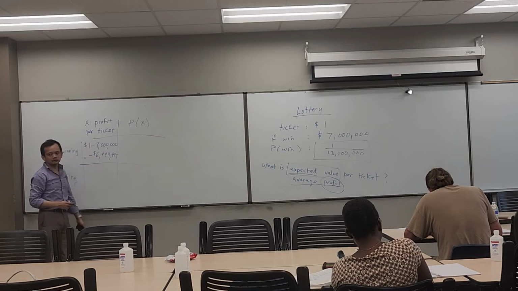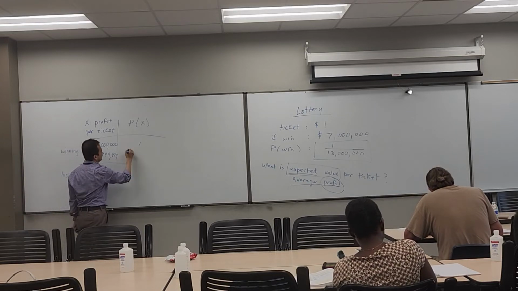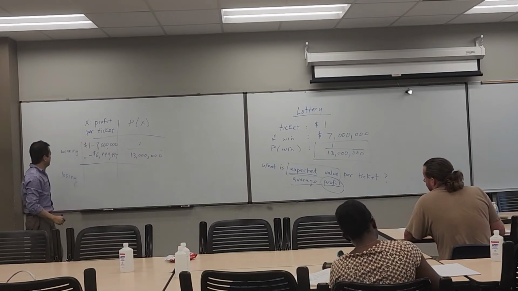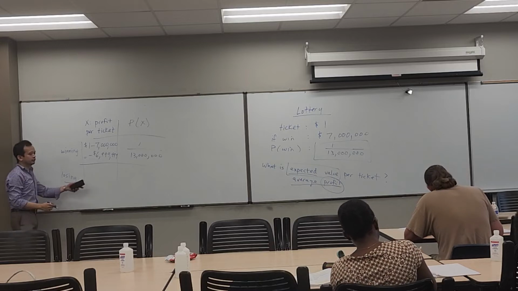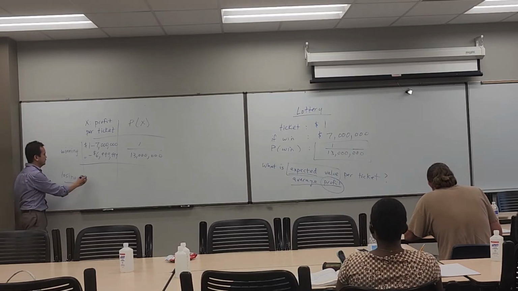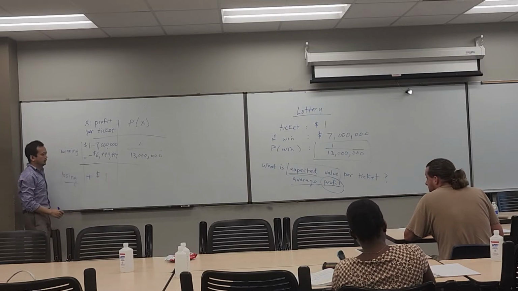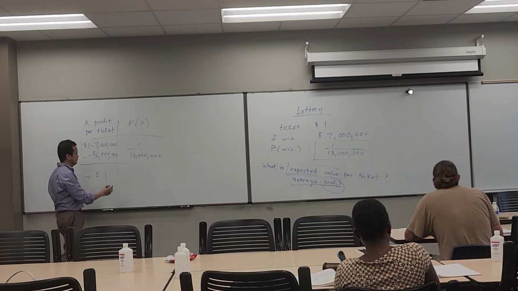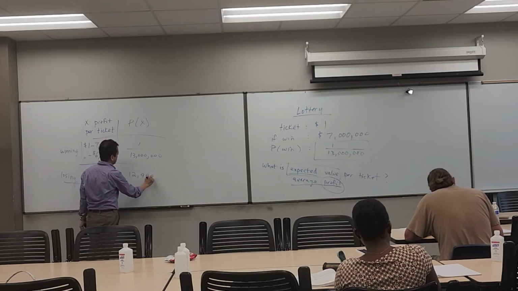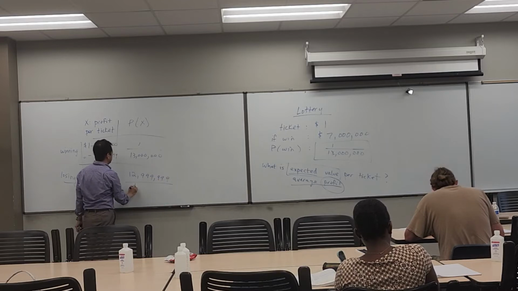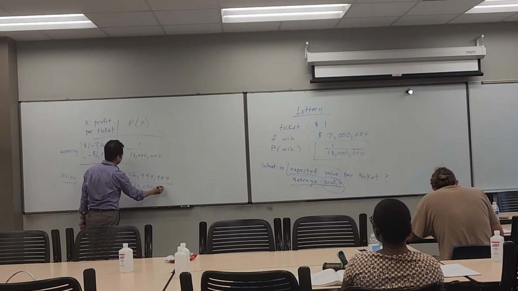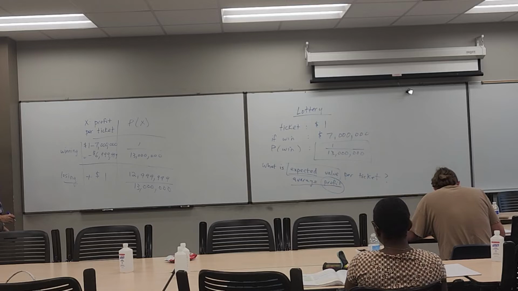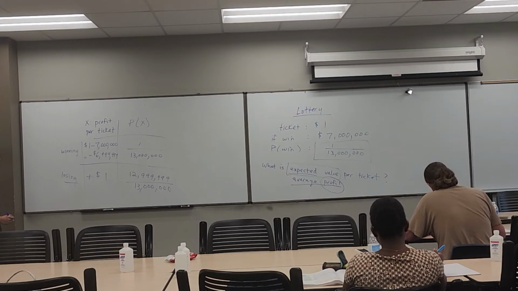And then what's the probability of that happening? 1 in 13 million. Yep. And if it's a losing ticket, then the government makes how much? $1. It makes $1 for that ticket. And then what's the probability of that happening? 12,999,999 in 13 million. Yep.